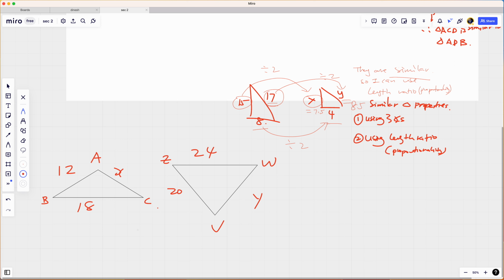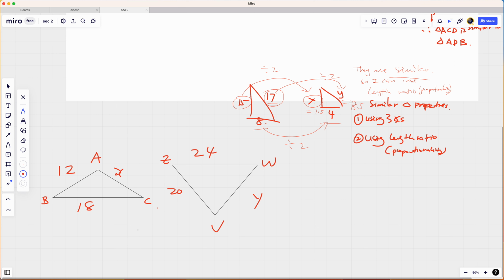The first one, they make it easier for you. They match the point by point for you already. So in this case, you need to match yourself.